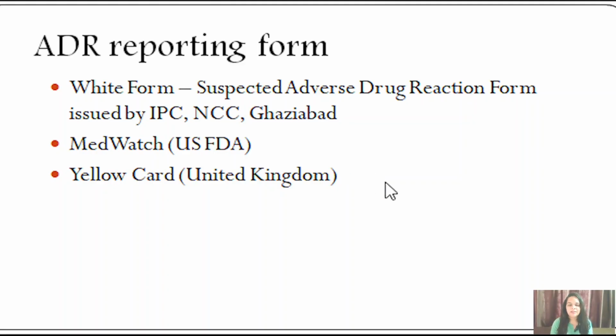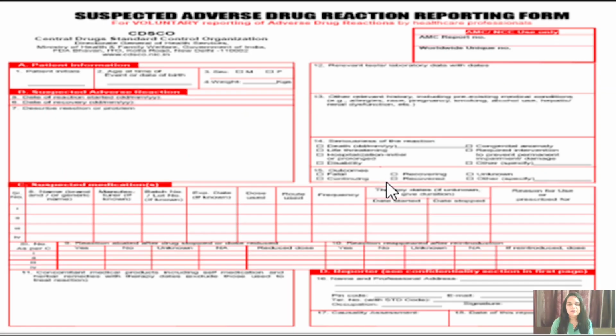In the United Kingdom, they have the Yellow Card. This suspected adverse drug reaction reporting form includes all the details about the patient's information, suspected adverse drug reactions, suspected medications, and the reporter details.